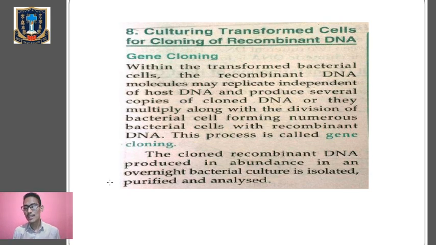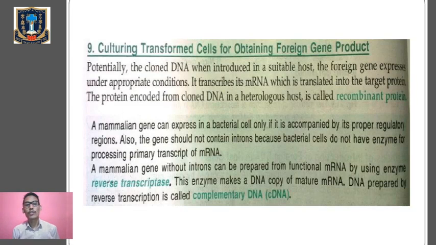And the cloned recombinant DNA produced in abundance, in higher number in a bacterial culture, will be isolated, it will be extracted, it will be purified, and it will be analyzed. Now it has been extracted, purified and analyzed, and now it will be used for culturing transformed cells for obtaining the desired gene product. Clear?